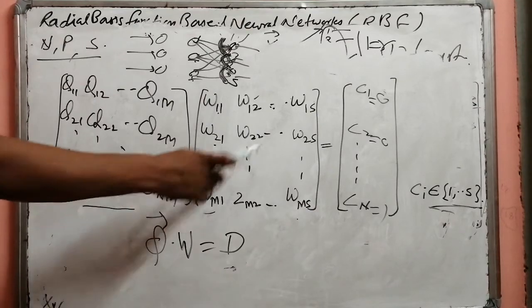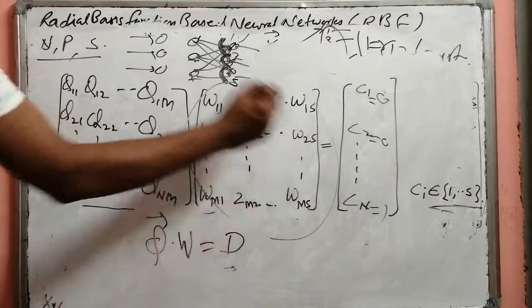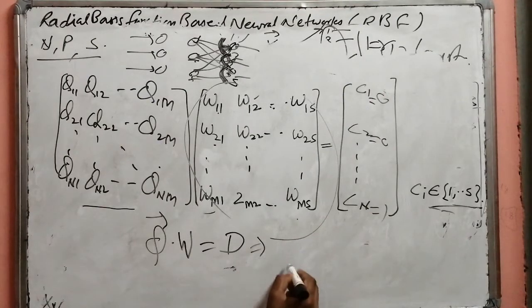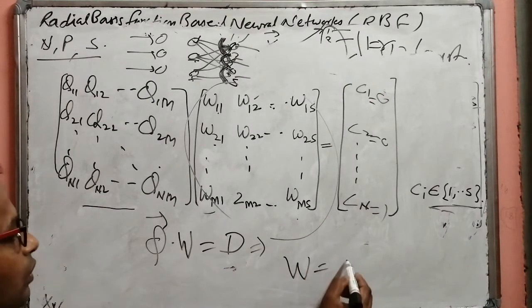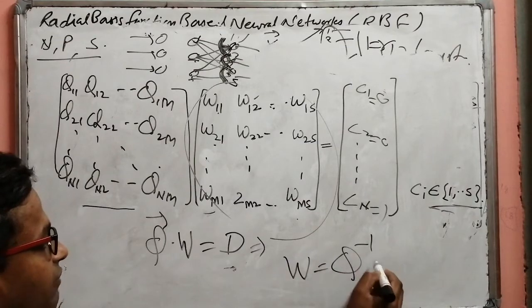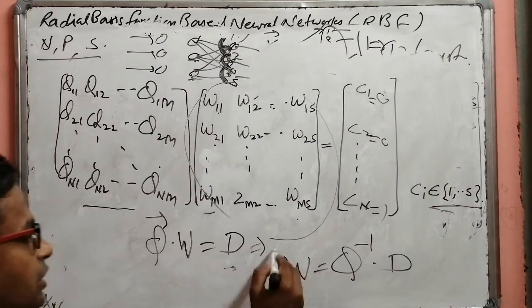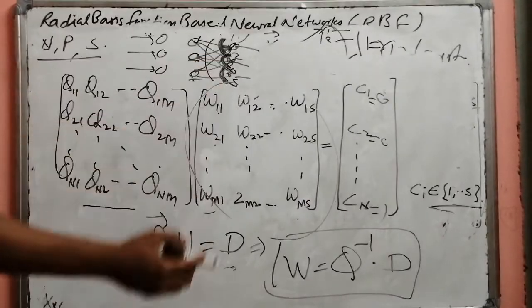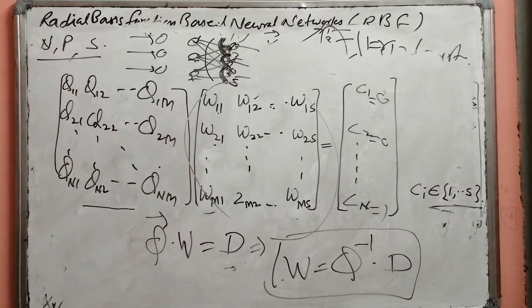The only unknown is w. So we can find it using w equal to the inverse of phi multiplied by D. This is our final equation to determine these weights. And this completes the functioning of a radial basis function based neural network.